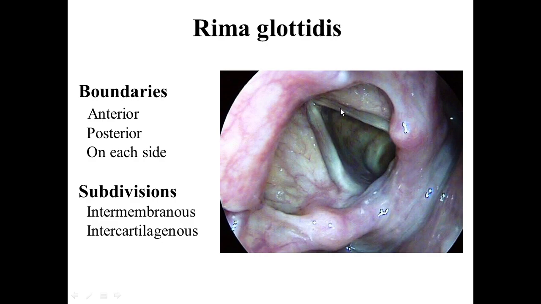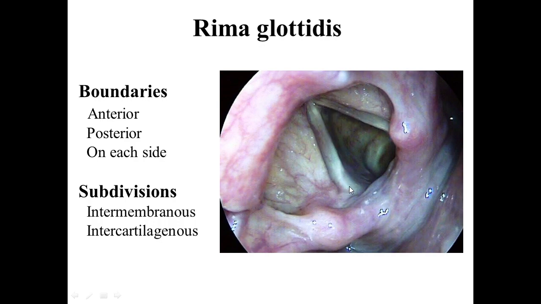Rima glottidis is bounded anteriorly by the posterior surface of the thyroid angle, posteriorly by the interarytenoid mucosal fold, and on each side it is bounded by the vocal folds.